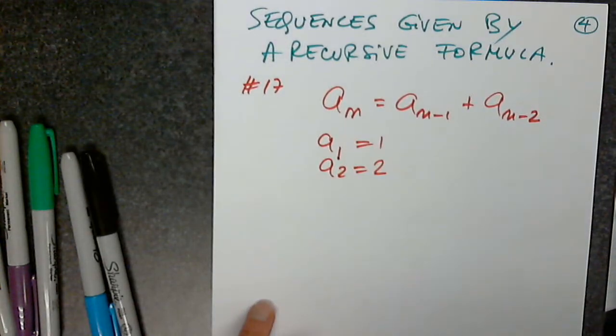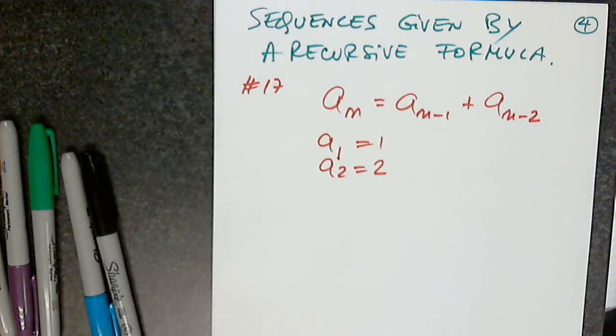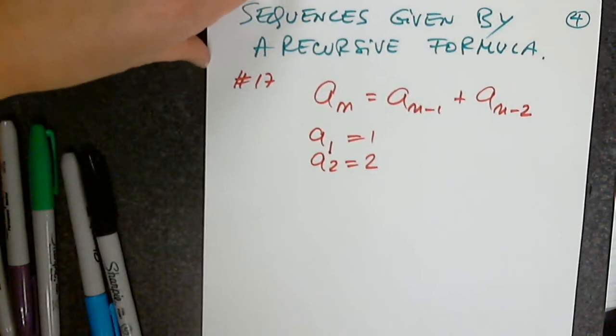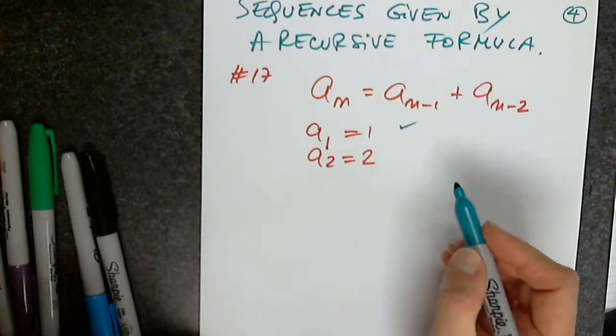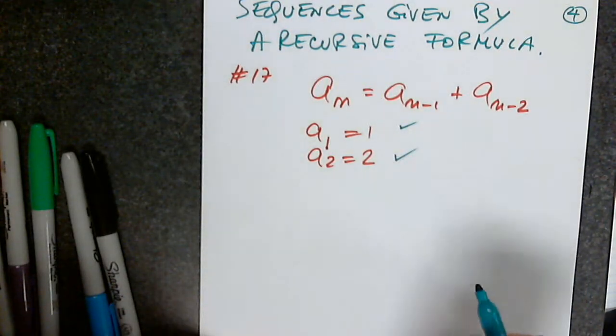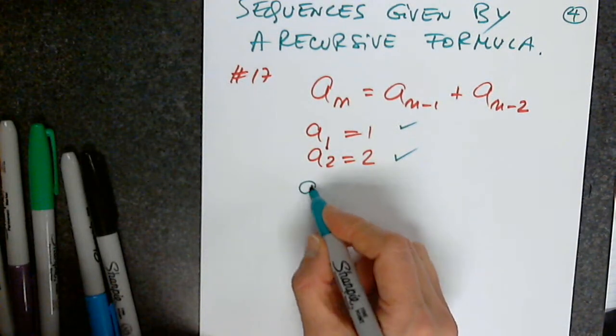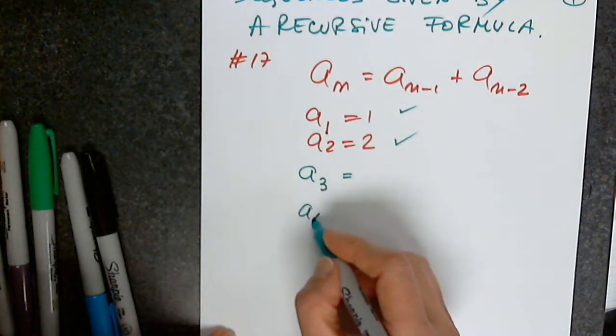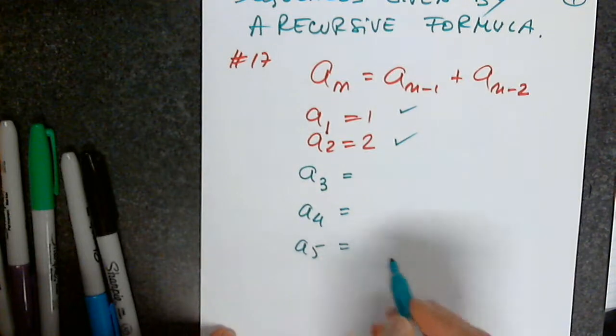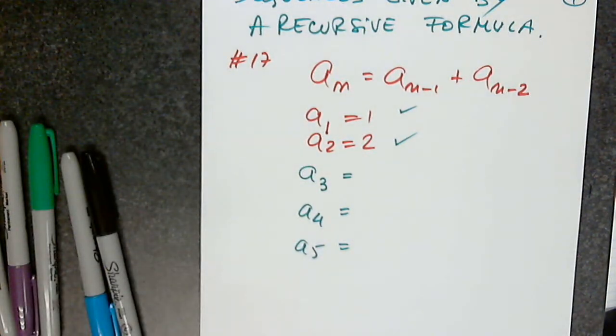We are asked to find the first 5 terms of the given recursively defined sequence. This is the first term, this is the second term. That part was easy. So I need to determine a3, a4, and a5.